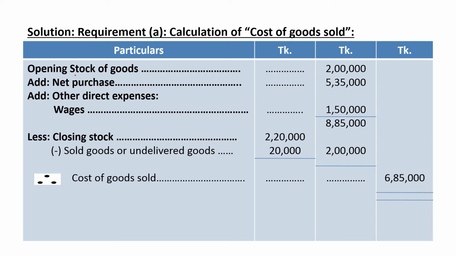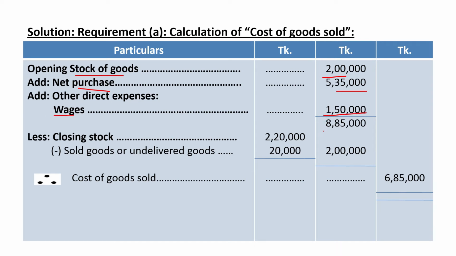Now solution. Requirement A, calculation of the amount of cost of goods sold. My dear students, we know that cost of goods sold is equal to opening stock plus net purchase plus other direct expenses minus closing stock. So opening stock of goods here 2 lakh taka, add net purchase 5,35,000 taka, add other direct expenses, here only wages 1,50,000 taka.